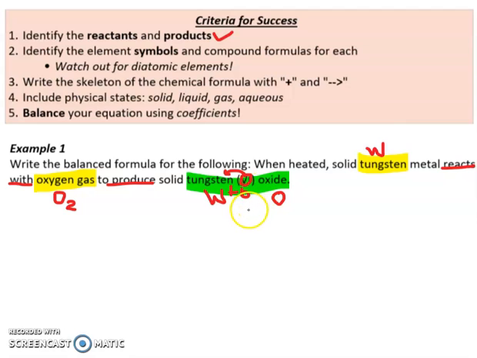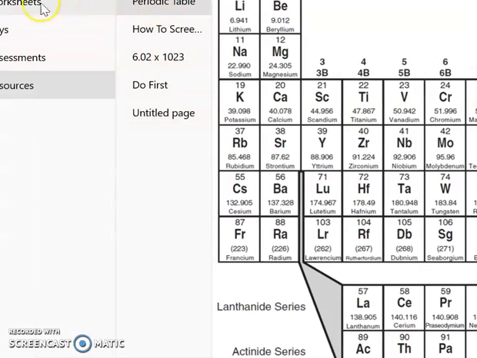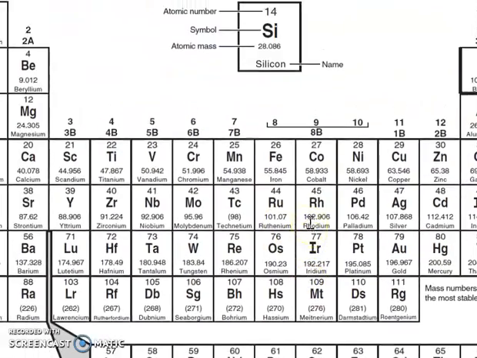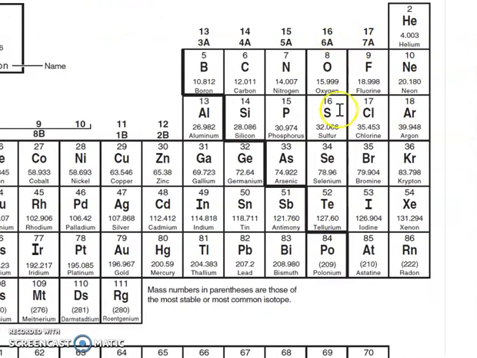So if I have +6 here, I know that the charge of oxygen is always going to be -2 because oxygen is in this row right here, and this row is always going to be a -2. It is 1, 2 away from a noble gas, so it is a -2 charge.